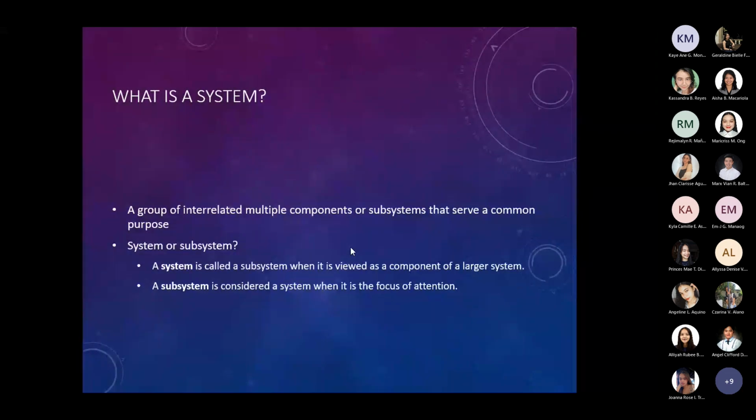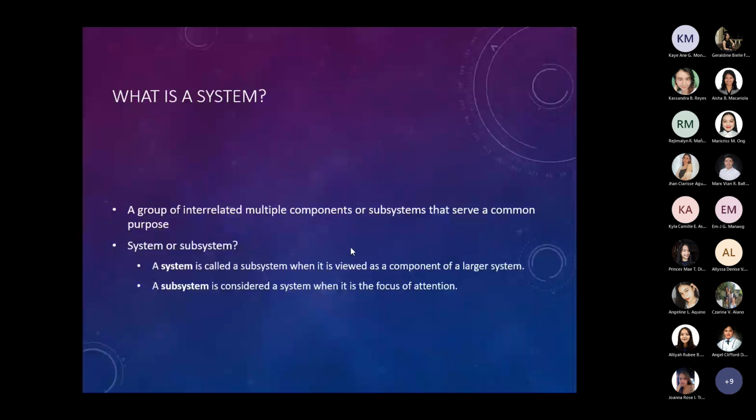Accounting system. Pero ang accounting system, pwede mo yang i-subdivide. Magkaroon ng mga kanya-kanyang subsystem: system for ledgering, system for journalizing, system for managing of data, and system for data reporting or financial reporting.